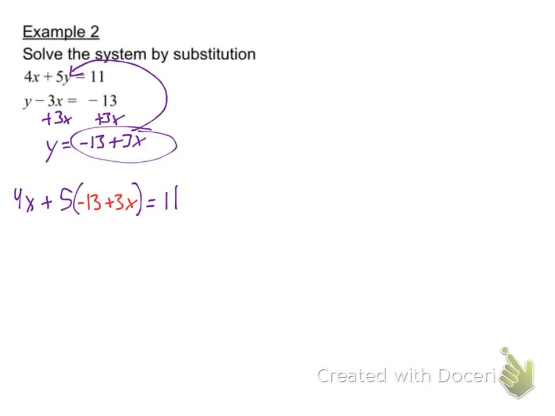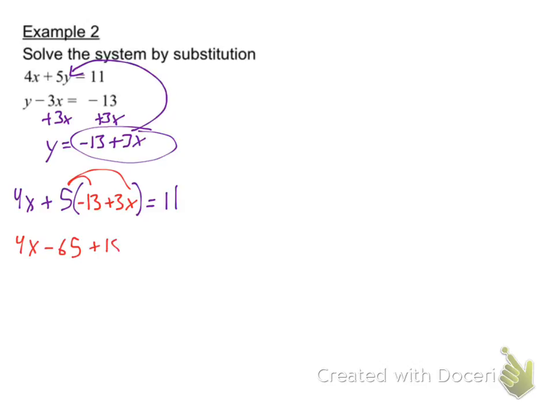Don't forget to do what with the 5? Distribute. What's 5 times negative 13? Negative 65. 5 times 3x?